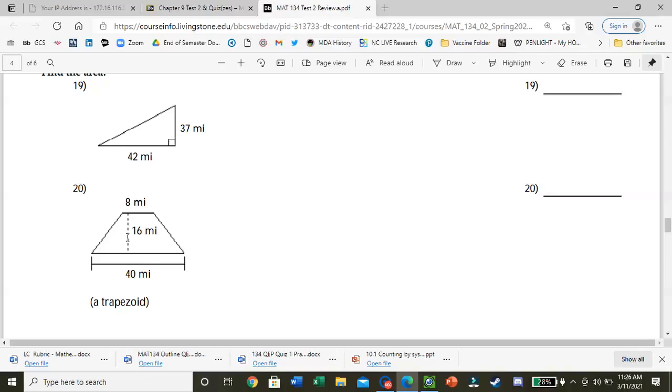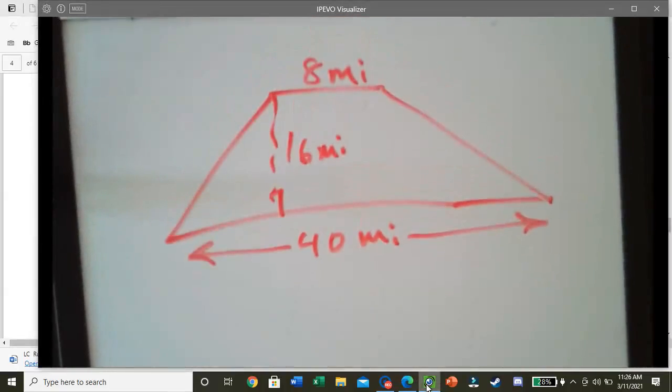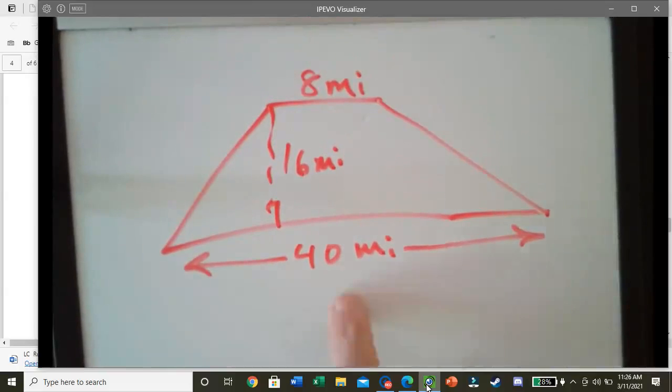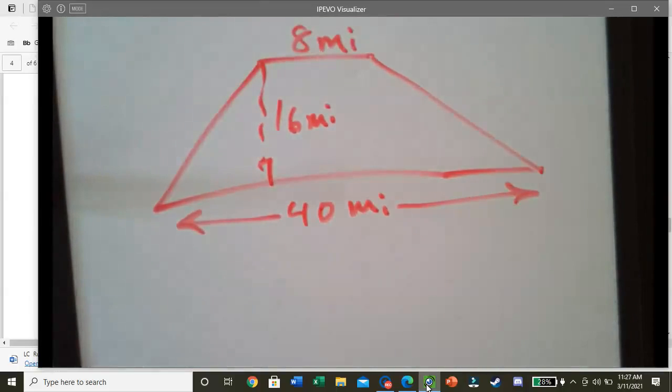So this could be the shape of, let's say, a forest area. Maybe it's burning, and the burnt area came out to be a trapezoidal shape because it's in miles. So we want to figure out the total burnt area. So we recognize that it's trapezoidal in shape.